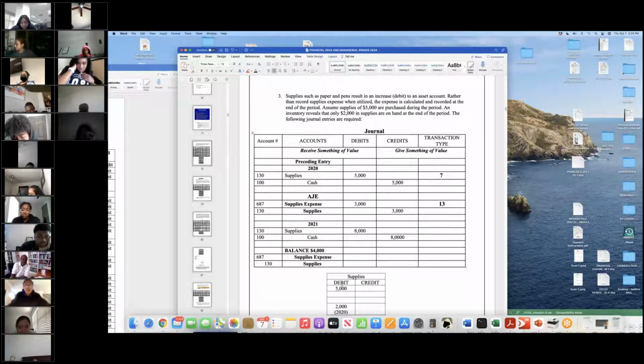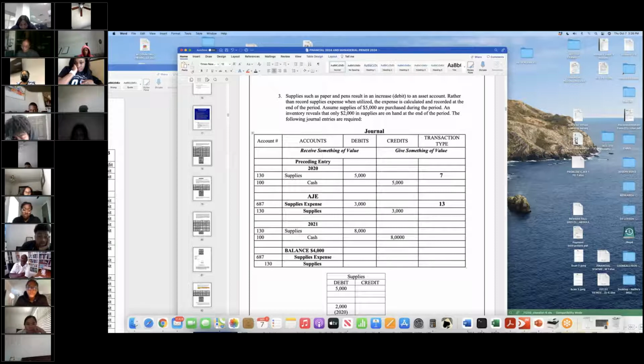All right, last year we had 5,000. We spent 2. So if this is your bank account, how much money would you have in the bank on January 1st of 2021? We got 5,000 and then we spent 3,000.